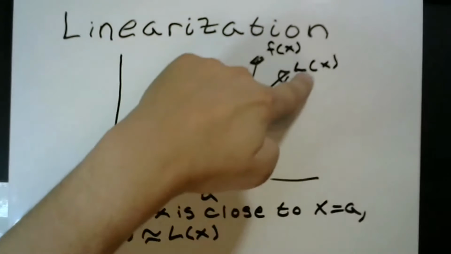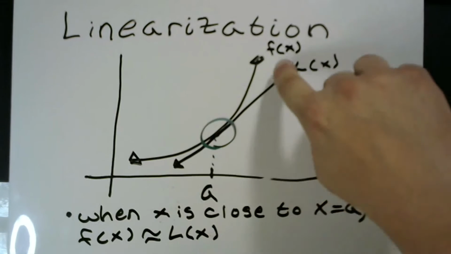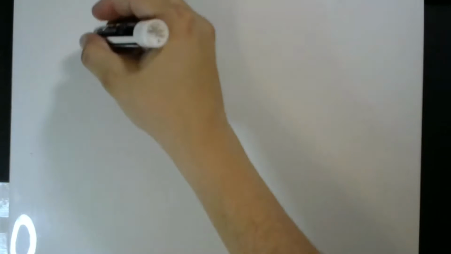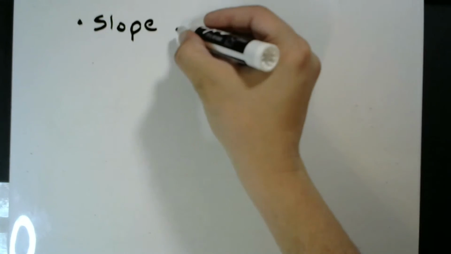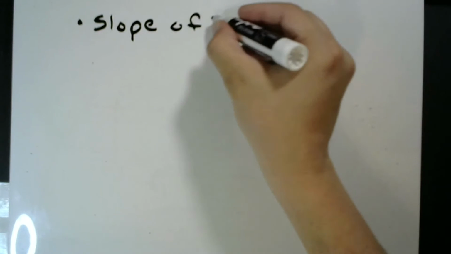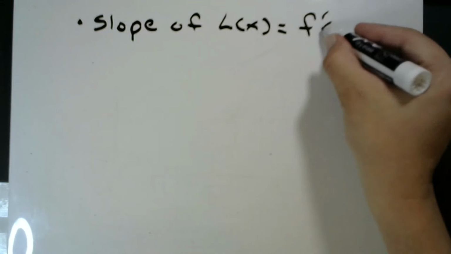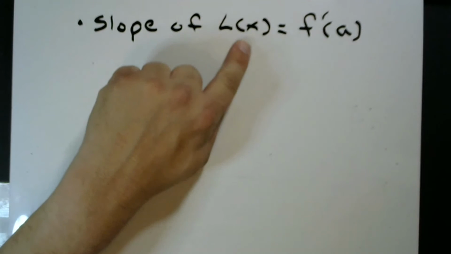And we're going to construct L of x in terms of the derivative of f of x. Because L of x is a tangent line, we can express its slope as a derivative of f of x. So first off, the slope of L of x is going to be f prime at x equals a, because L of x is tangent to f of x at x equals a.